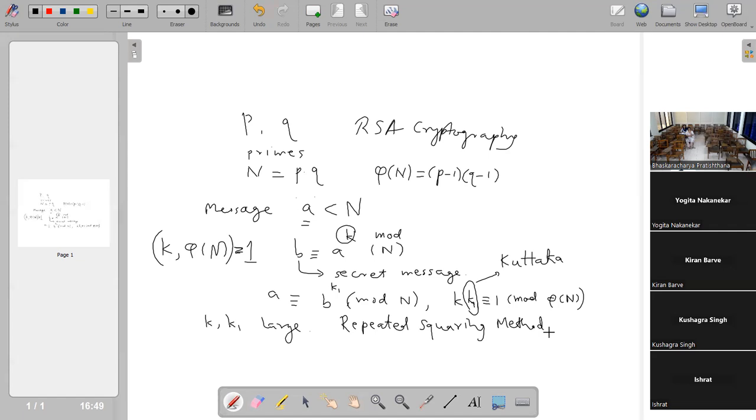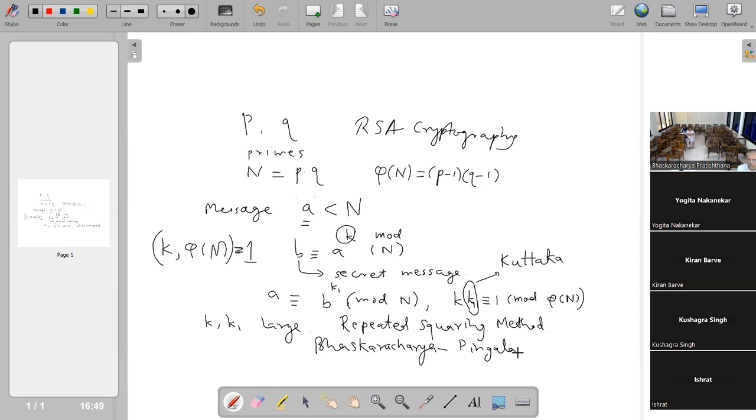But actually we should call this the method of at least Bhaskaracharya. Or before Bhaskaracharya, Pingala has explained this method.